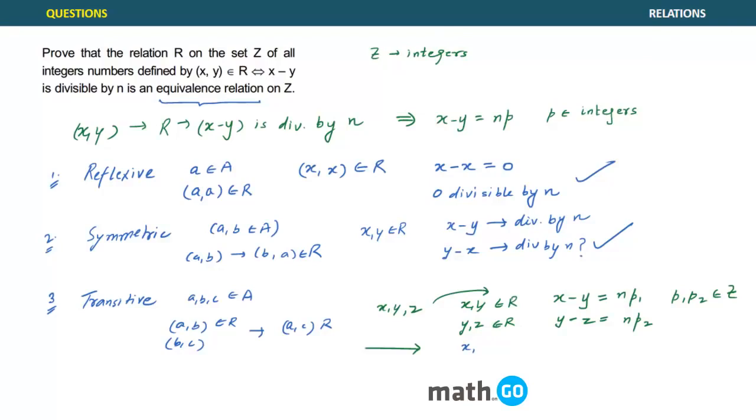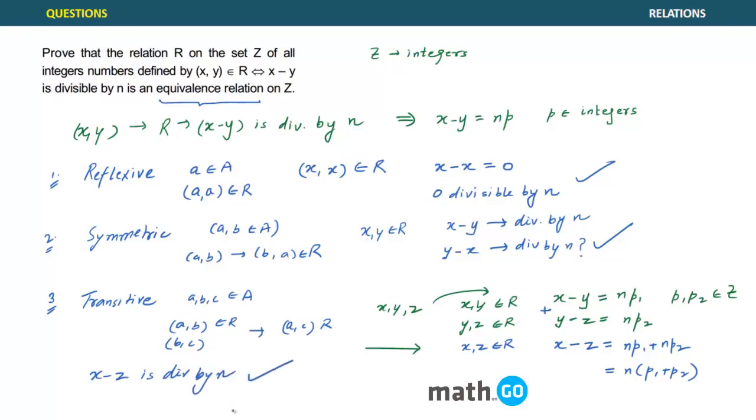So if we talk about x comma z belonging to the relation, it would be x minus z. For x minus z, you can add the first two. If you add the first two, what do you get? np1 plus np2, or take n common, n times p1 plus p2, right? Now can you say that x minus z is divisible by n?